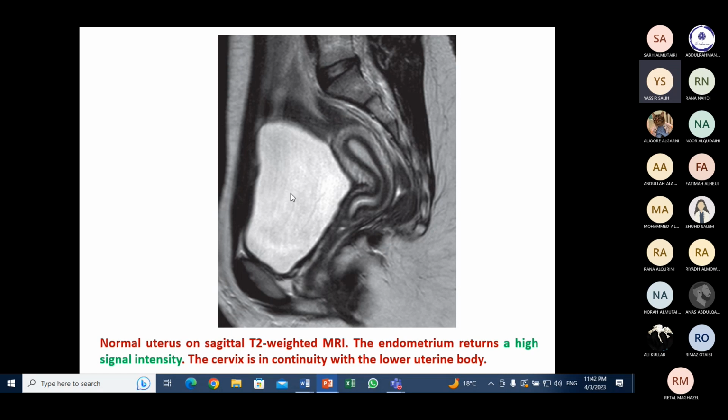This is MRI, the sagittal MRI. This is the urinary bladder, and this is the uterus. Sagittal, yes. What is this part? What is this structure?